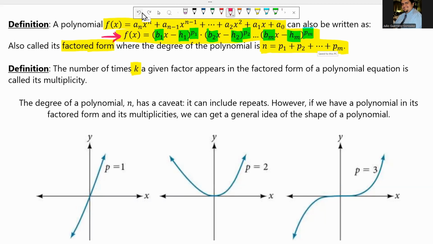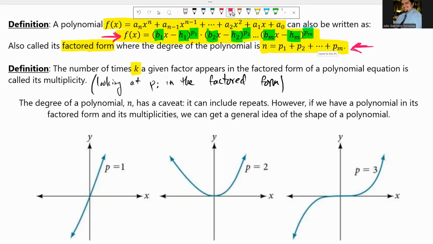What we're looking at here is the p_i. Let me actually write it down: in the factored form, this is what we're looking at, those powers in this form in particular.